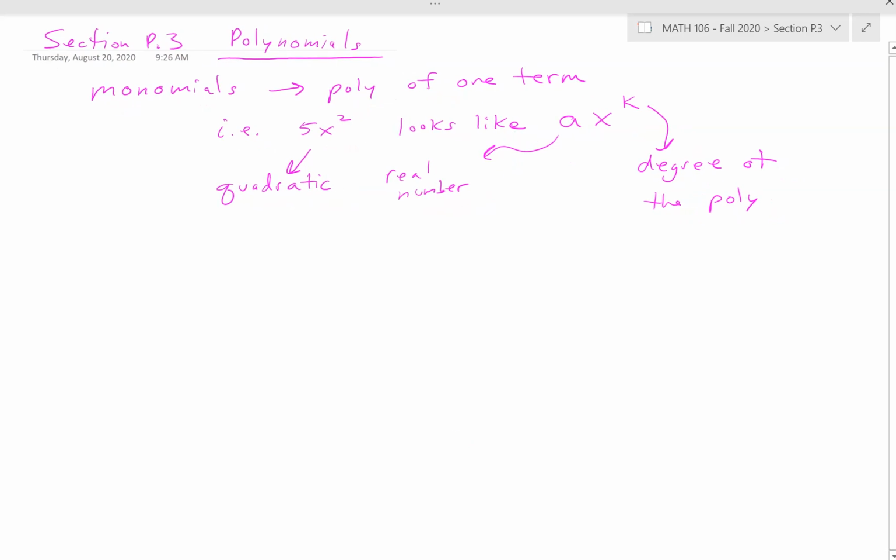Okay, so what do we do with these monomials? Two monomials, and I'll call them two monos, of the same degree can be combined.